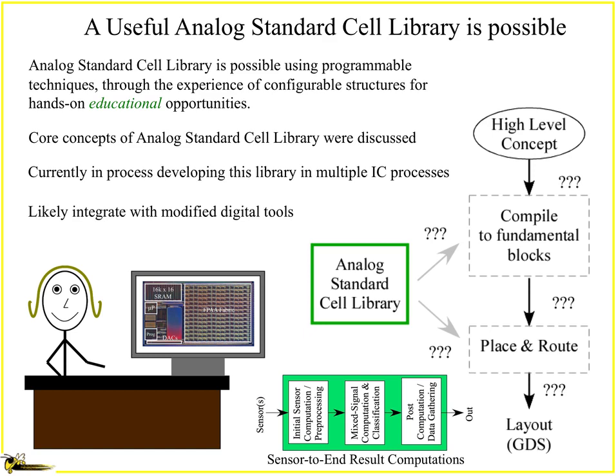We're currently in the process of developing this library in multiple IC processes, and I'm happy to talk about that, and having a system that looks like it should be able to integrate with modified digital design tools that we might already be able to find, ideally in an open source space.